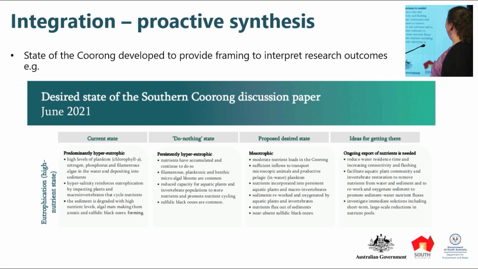And then what kind of ideas do we have to get there? And this is essentially a living set of targets that we can update as our knowledge increases and our expectations of the system change.